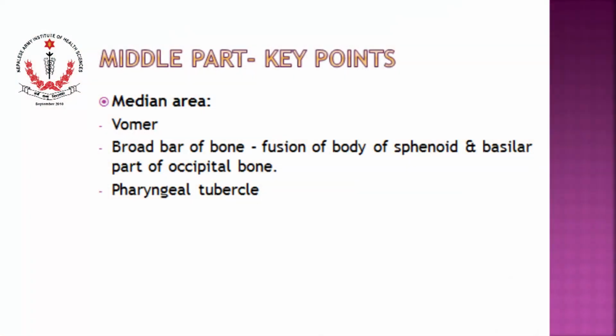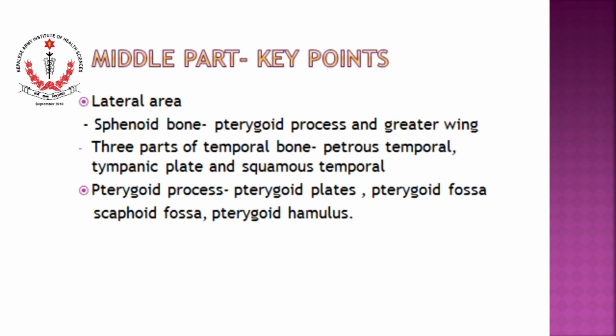Middle part, key points: median area, vomer, broad bar of bone fused by body of sphenoid and basilar part of occipital bone, pharyngeal tubercle. Lateral area, sphenoid bone, pterygoid process, greater wing. Three parts of temporal bone: petrous temporal, tympanic plate and squamous temporal.